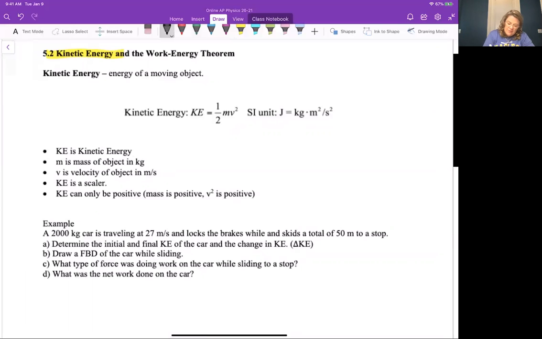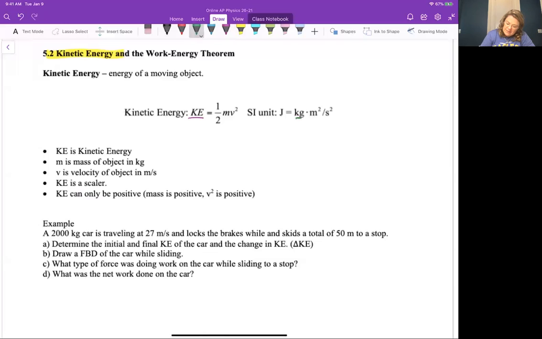So let's define what the equation is for kinetic energy. Kinetic energy, which has a symbol of Ke, is equal to 1/2 times the mass of the object times the velocity of the object squared. So that is equal to a joule. Let's figure that out.